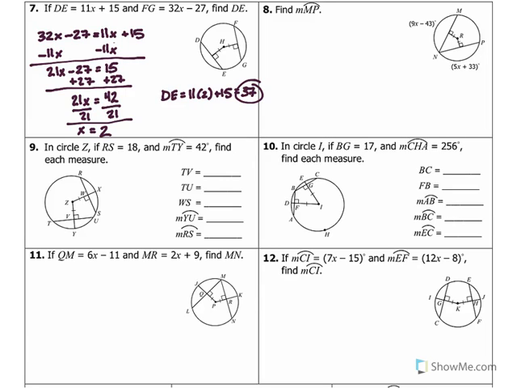Okay, this next one is a little bit different. Notice that it says to find the measure of MP. MP is this arc right here. So we have the measures of the other 2 arcs. We don't have the measure of that one. However, we know that all 3 of those arcs added together are going to be 360 degrees because it's a circle.